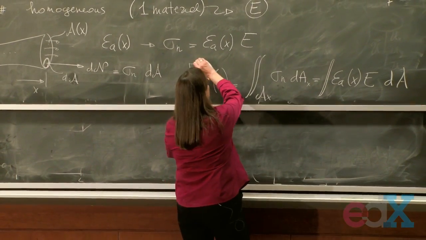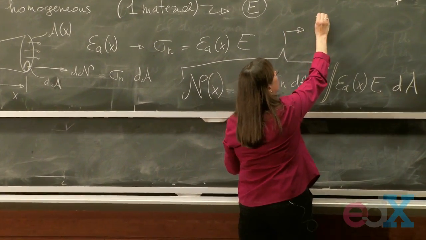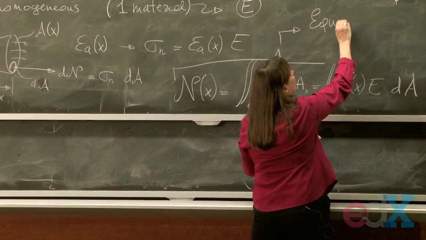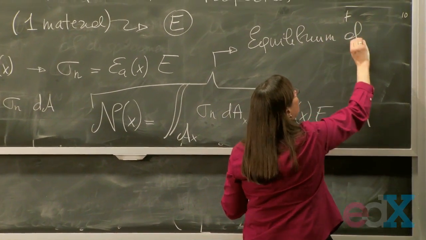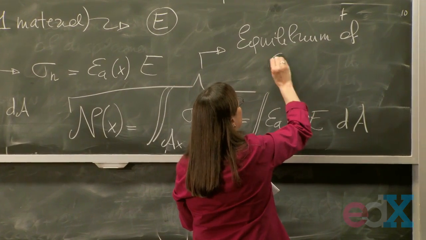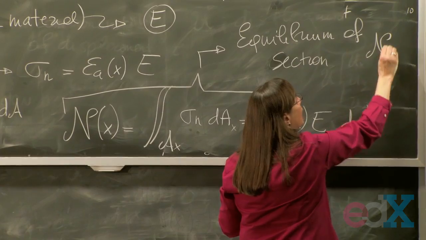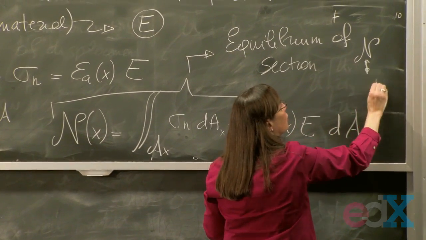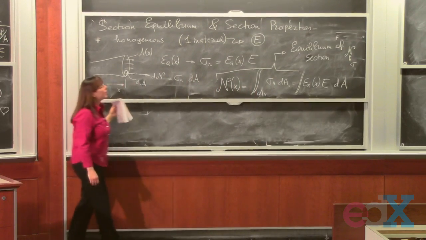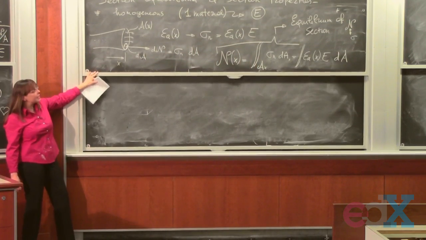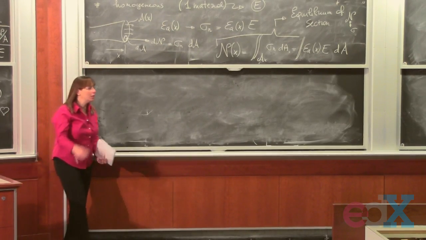This thing is the equilibrium of the cross-section. It is the thing that relates the axial force to the stress. Okay? Now, this is a step that we're going to go over and over in torsion and bending.